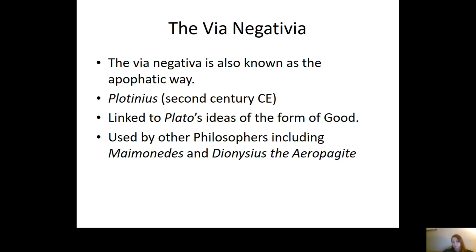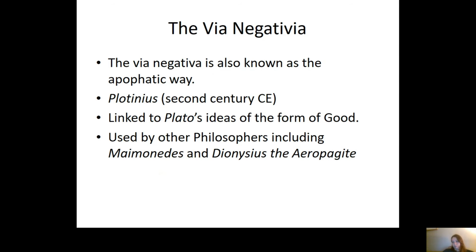We could link the via negativa to Plato's idea of the form of good, that something is so perfect and so pure that it can't actually be described. It was used by other philosophers, including someone called Maimonides and Dionysius the Areopagite. Those again are philosophers that we haven't heard of.